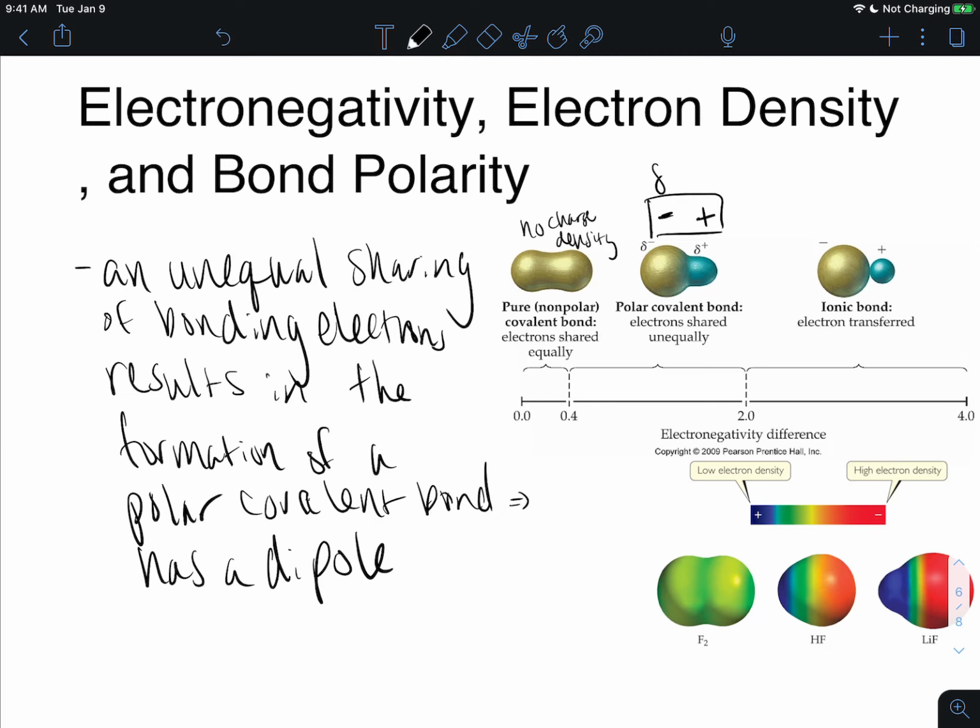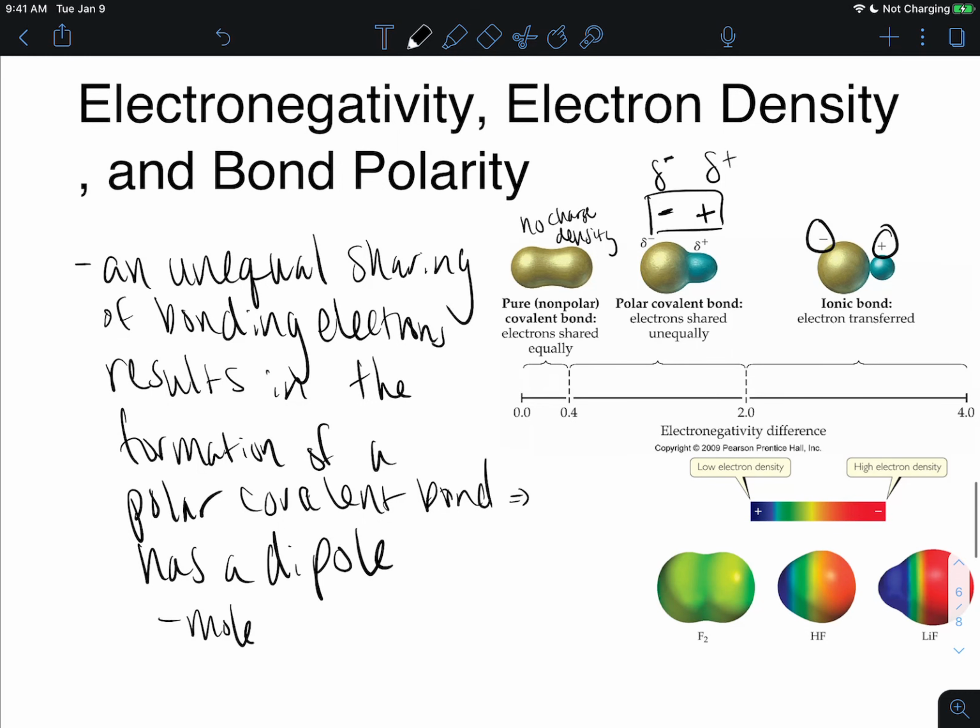This has partial negative charge, partial positive charge, and then with an ionic bond, we have a transfer of electrons. We have a full negative and a full positive charge. So atoms or molecules that contain polar covalent bonds will have partial charges within.